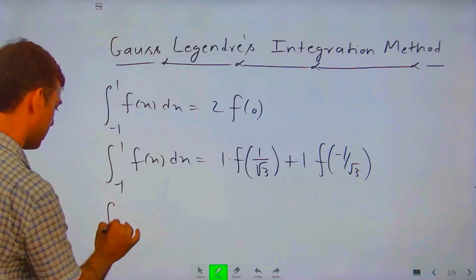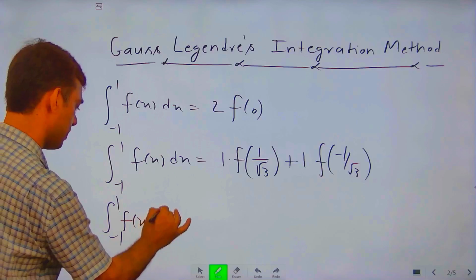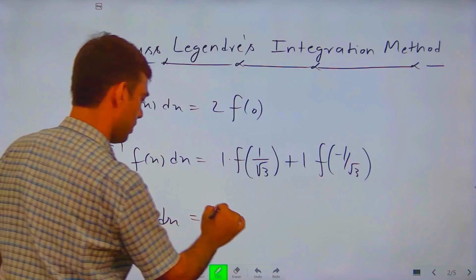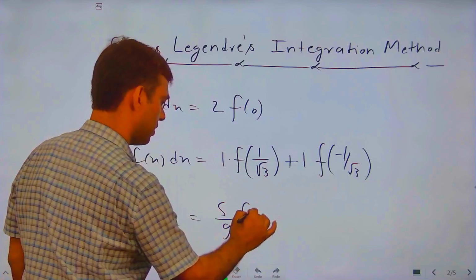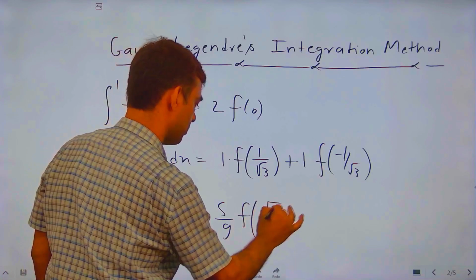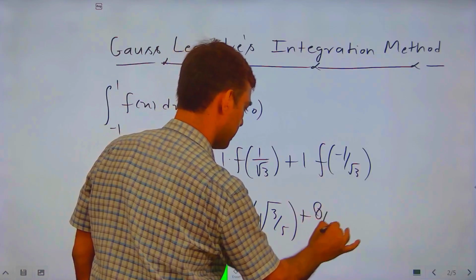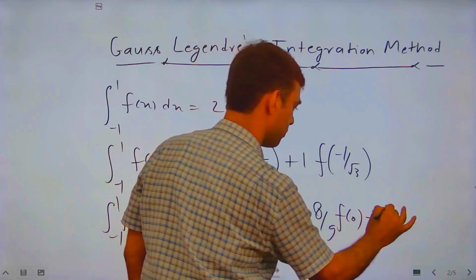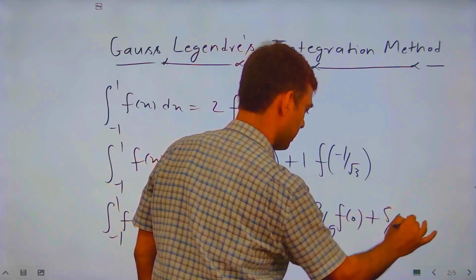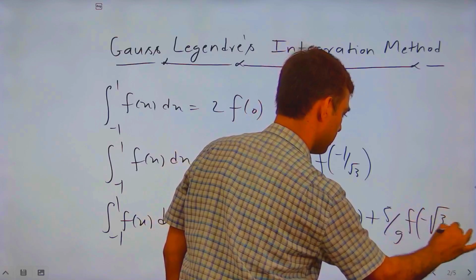The 3-point formula: the integral from minus 1 to 1 of f(x) dx equals 5 by 9 f of under root 3 by 5, plus 8 by 9 f of 0, plus 5 by 9 f of minus under root 3 by 5.